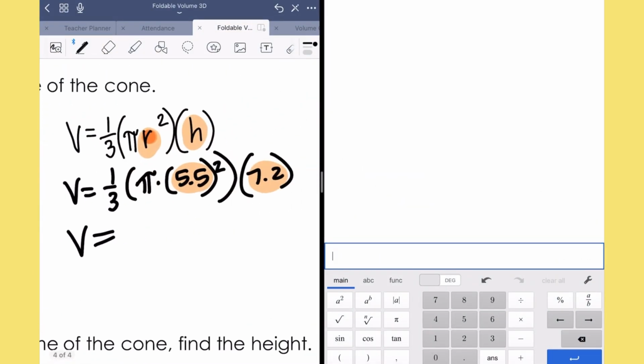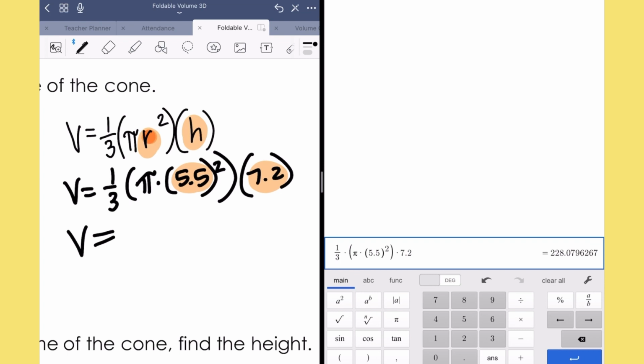So clear. 1/3 times pi times 5.5 squared, close it, times 7.2.